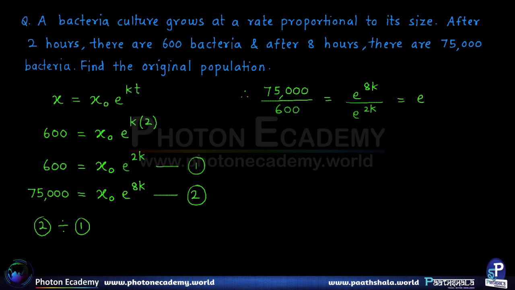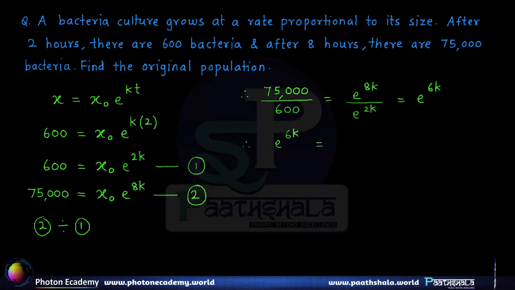And this is further equal to e raised to 6k, the indices will get subtracted. So that means e raised to 6k is equal to, let us cancel this, we have 125 as the value of e raised to 6k.